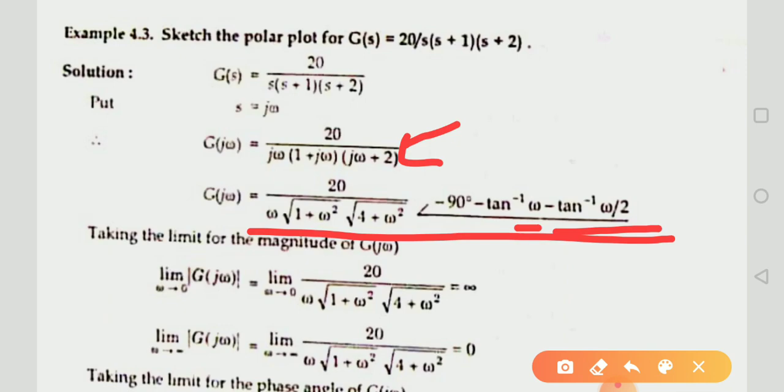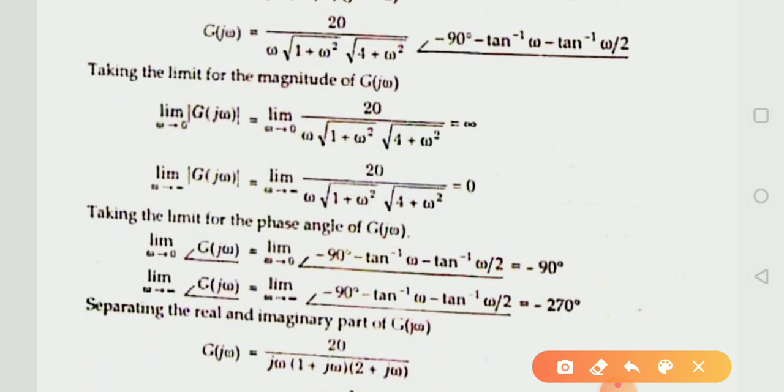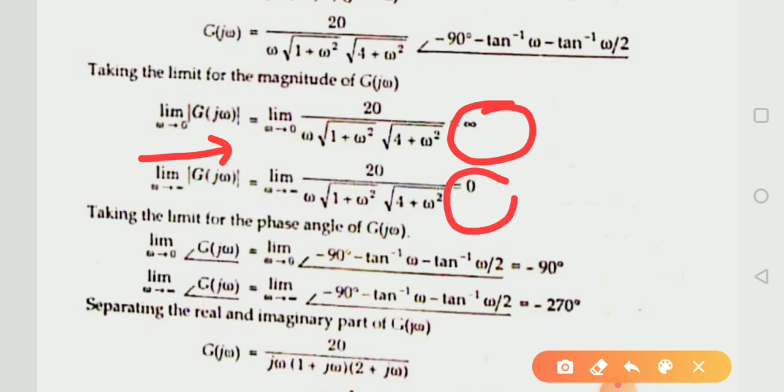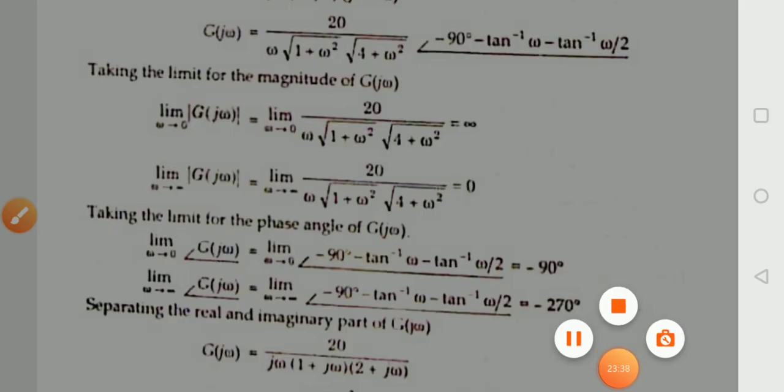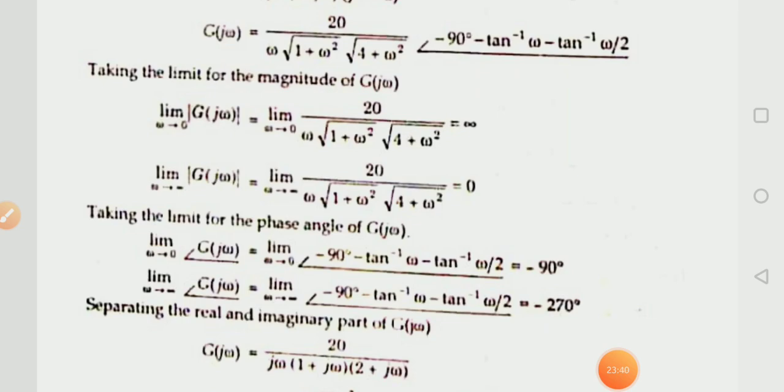Now we find at omega equal to 0, what is the magnitude of this equation? This is infinity, and as omega tends to infinity, the magnitude of this equation is 0. Now the angle for this at omega tends to 0: the angle is minus 90 minus tan inverse omega minus tan inverse omega upon 2.